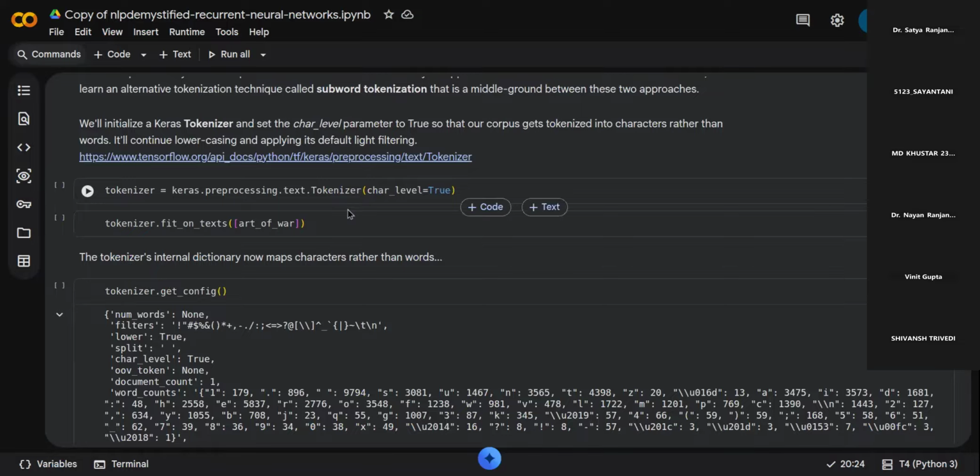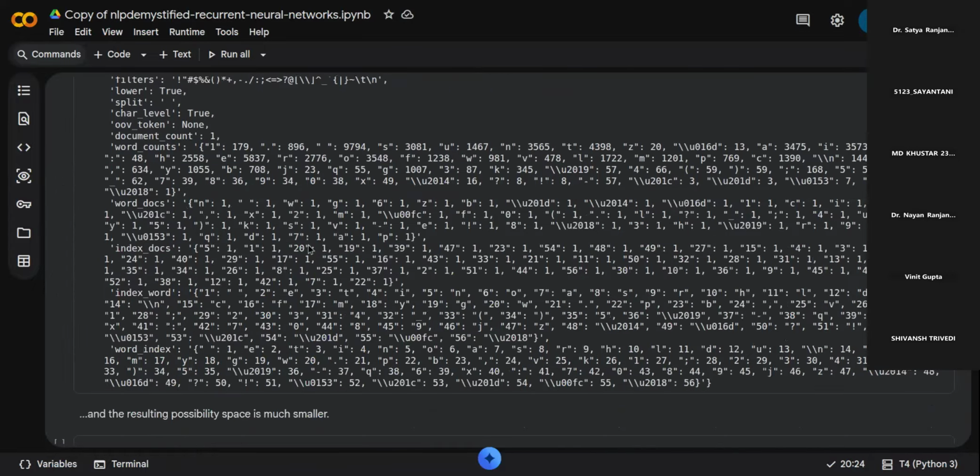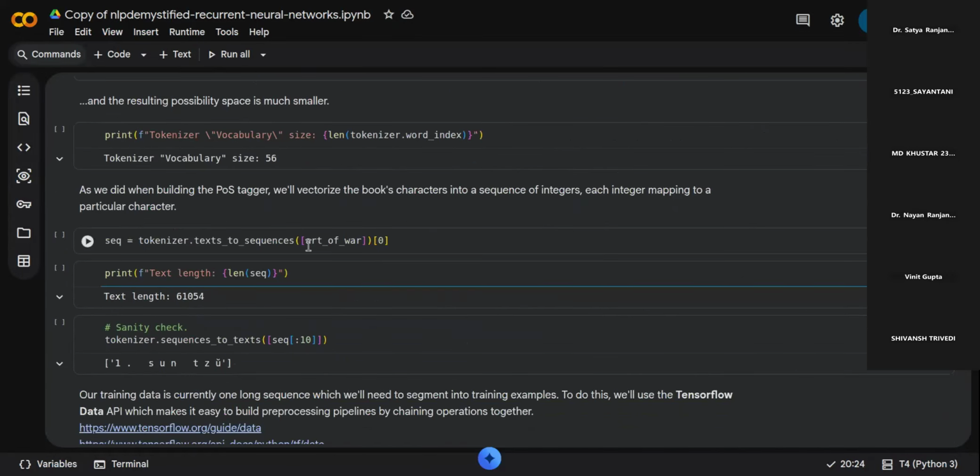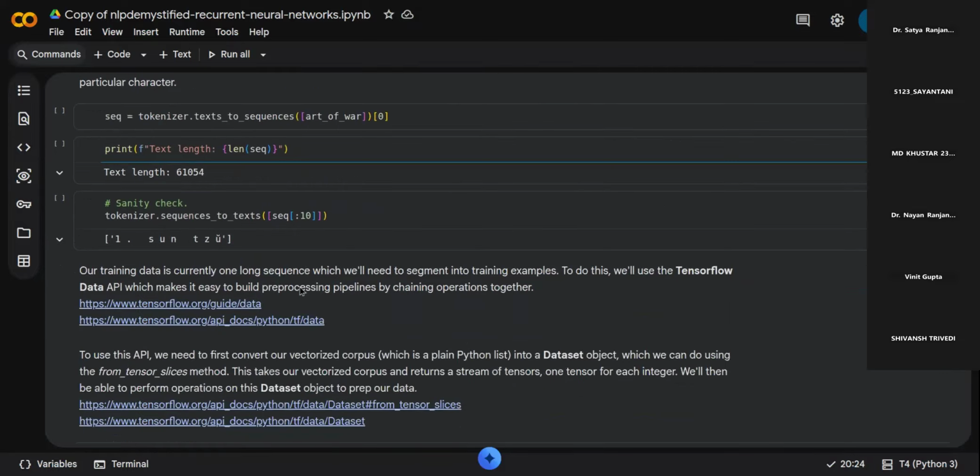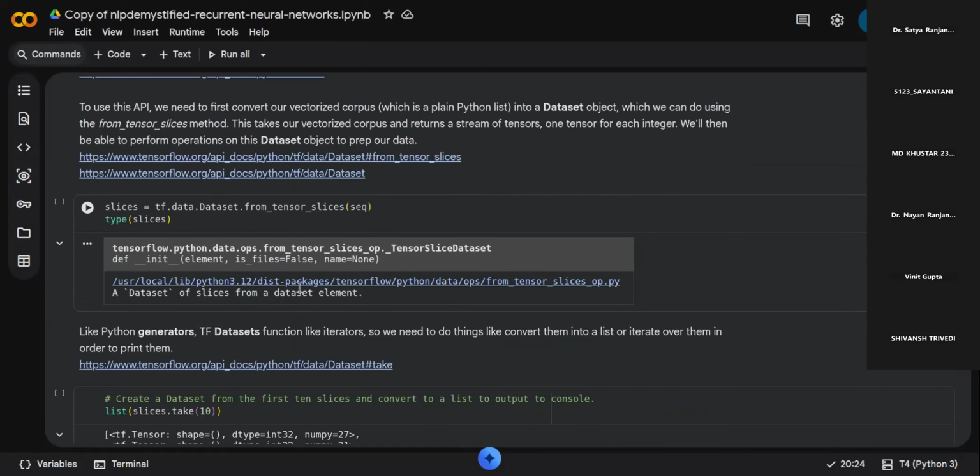So you do the tokenizer, fit on that tokenizer. Okay, then the next thing is that you need to convert these sequences of tokens for the particular text into tensor slices, so that we can create a dataset out of this total paragraph or total document. So tensor slices have been applied.